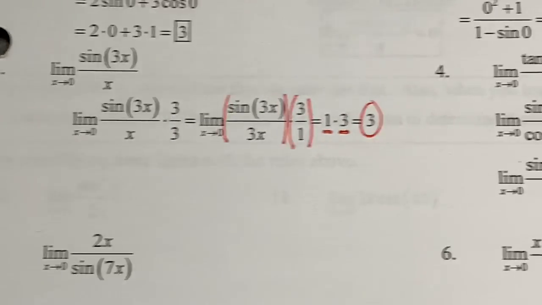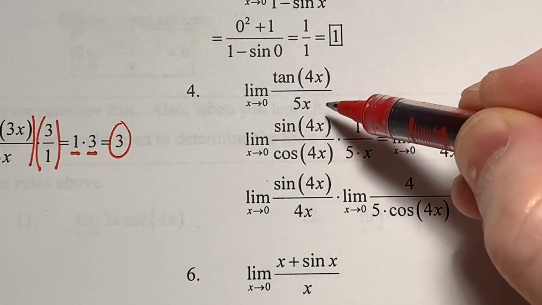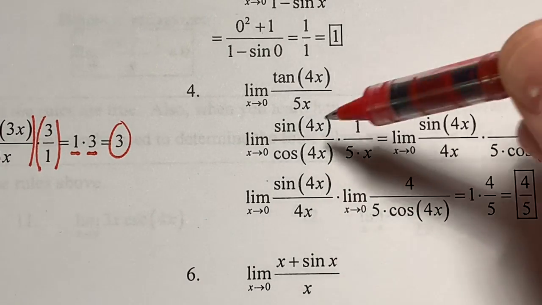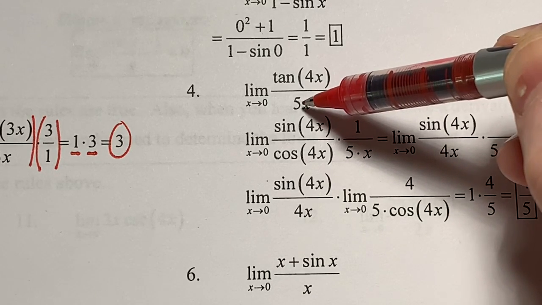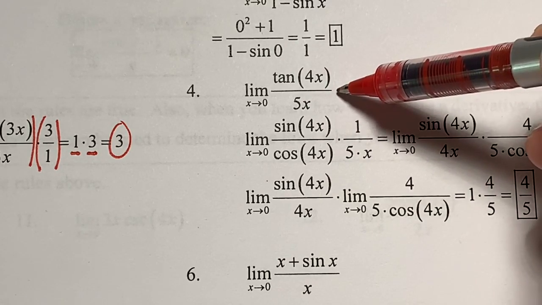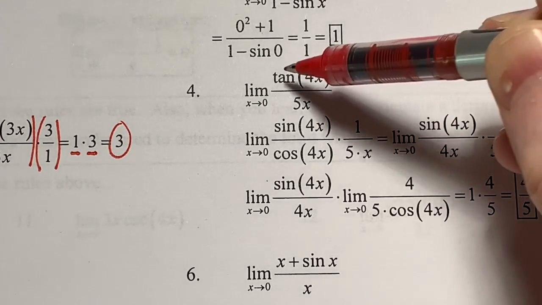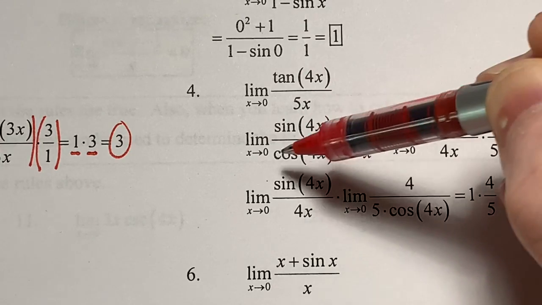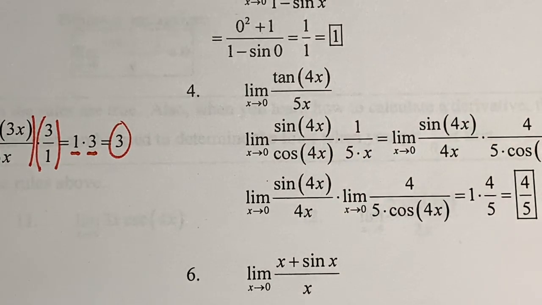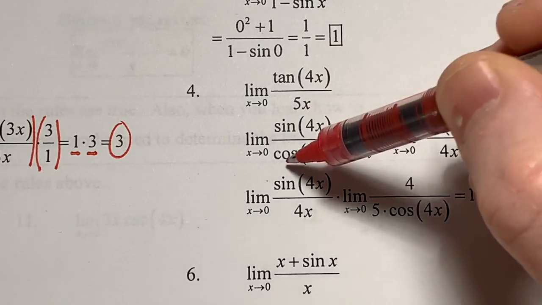Okay? Now, this next one's a little trickier. Tangent of 4x over 5x isn't even close to a rule. So what I do on this one is I am going to take this 5x, and I'm going to slide it out to the side, and I'm going to change this to a 1 over a 5x. And you can see that right here. And then I'm going to take tangent of 4x and rewrite it as sine of 4x over cosine of 4x, because we learned in trig that the tangent of an angle is the sine of the angle over the cosine of the angle.